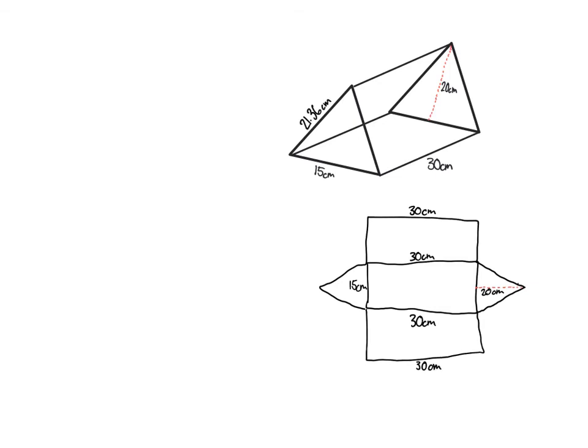And last, I need to label in this piece that I forgot to add in before, 21.36 centimeters. Okay, to make life easy for myself, I'm going to label each of the pieces.